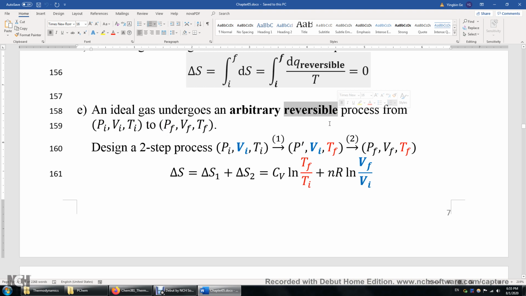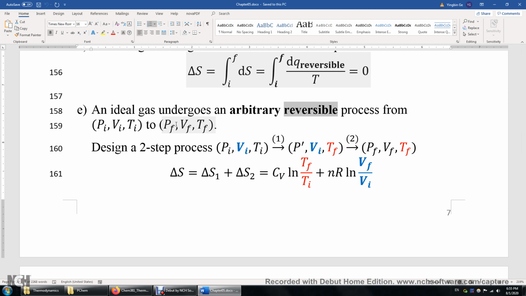Now, what if I give you an irreversible process from this initial state to the final state? How do you calculate the entropy change? Here's the hint. Entropy is a state function. So if you go from here to here via a reversible process, and then if you go from here to here via an irreversible process, how does that change the value of delta S?